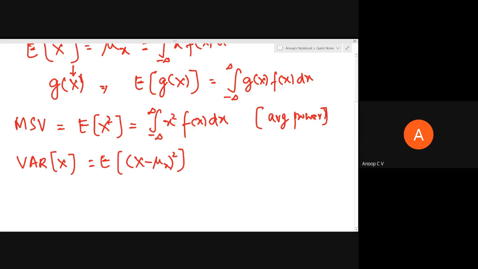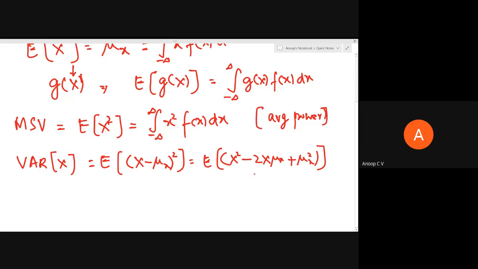As we know, expectation is a linear operator, so we can write it as E of (x minus mu) the whole square. We can expand it as x square minus 2x times mu x plus mu x square.